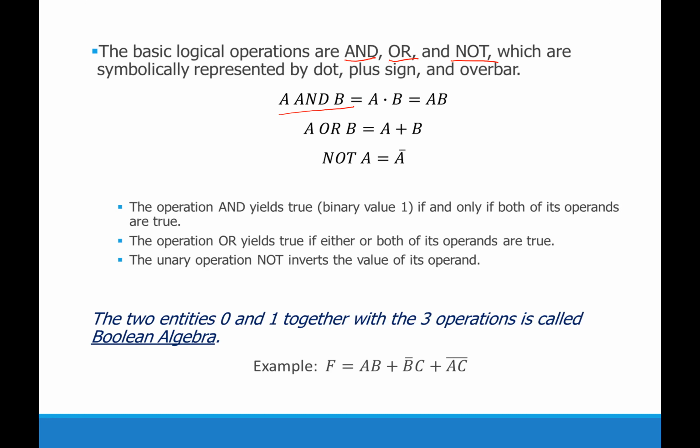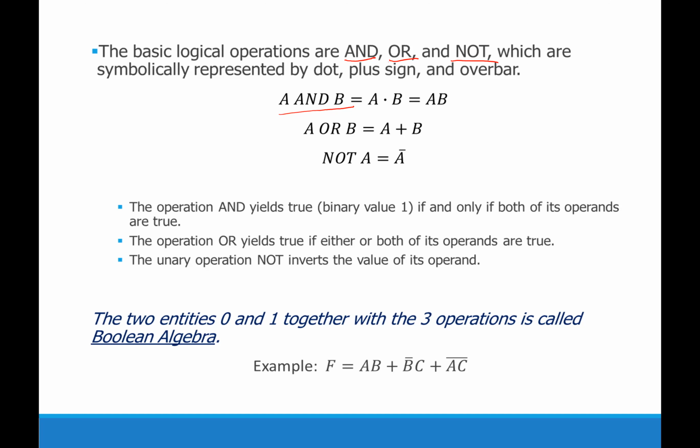Now here we have two Boolean variables, A and B. We are performing the AND operator on these two Boolean variables. We consider these two as inputs for the AND operator.